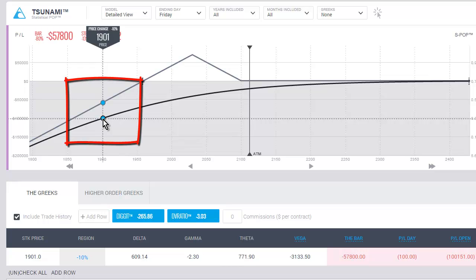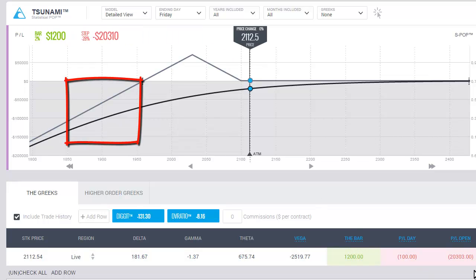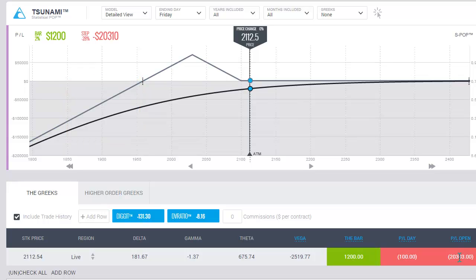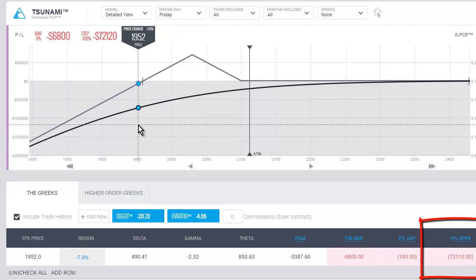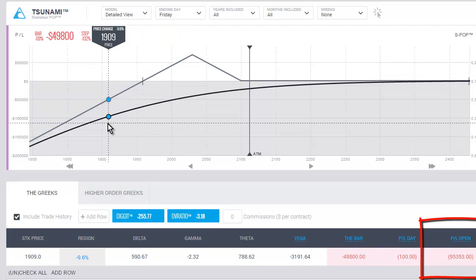So this particular trade, as you look down on the bottom right here, you're going to see the dollar amount that the trade actually loses. So this one loses a total of $99,000 from that same move that we saw in the past.